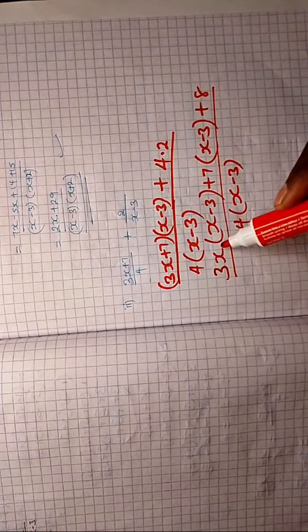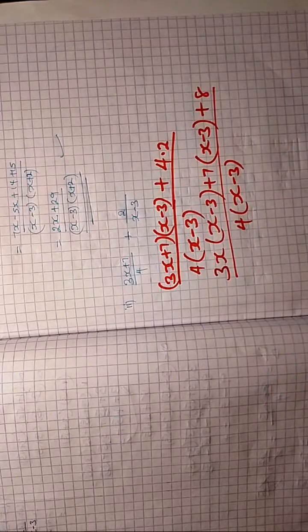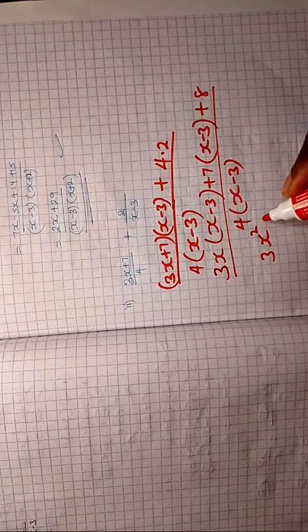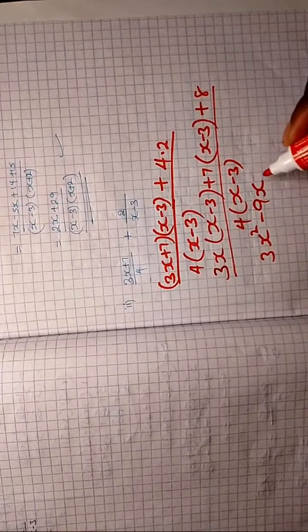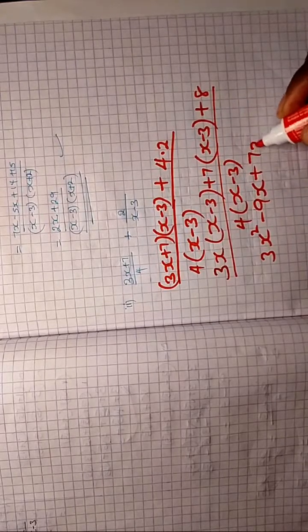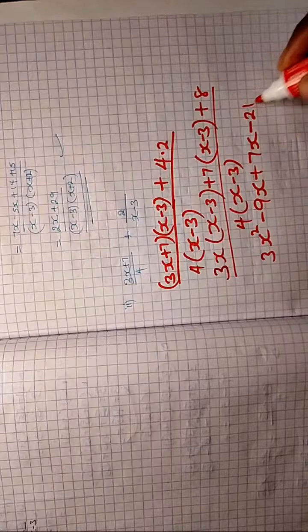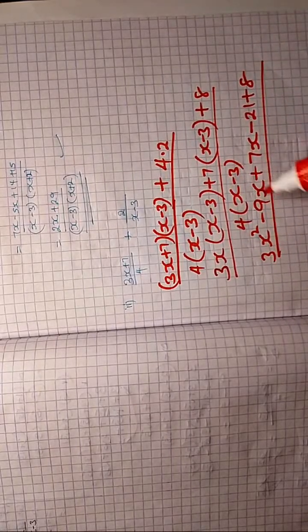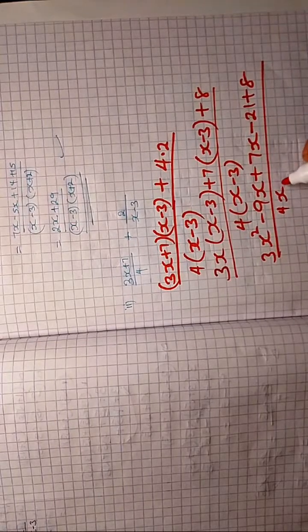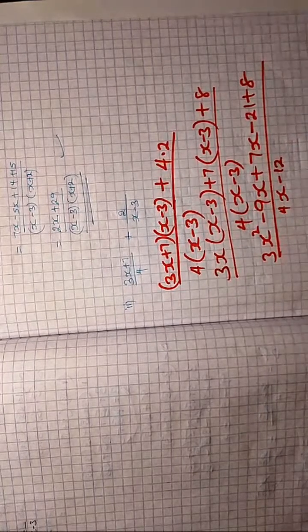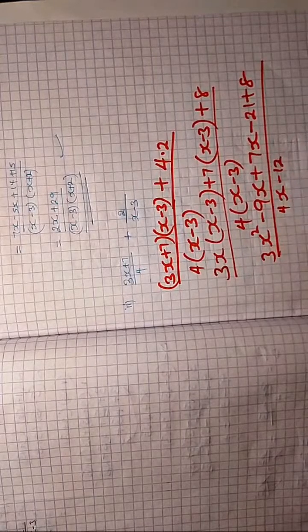Then let me open the bracket of this side. That is 3x times this one, which is 3x squared minus 9x plus, remember, 7 times x, that is 7x, minus 21 plus 8, over 4x minus 12. Let us simplify it further. The next step we do here, let me collect the like terms.